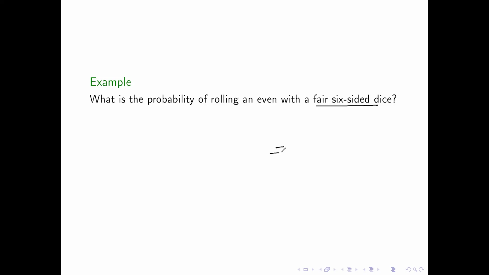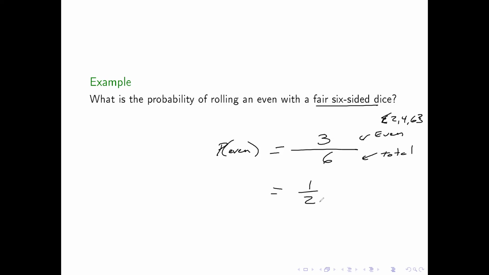Here's the question: the probability of even is how many even options over how many total. There are 3 even options, namely 2, 4, and 6. In totality, there are 6 of them. So the probability is 3/6, or 1/2, which is 50%. So we have a 1 in 2 chance of rolling an even number.